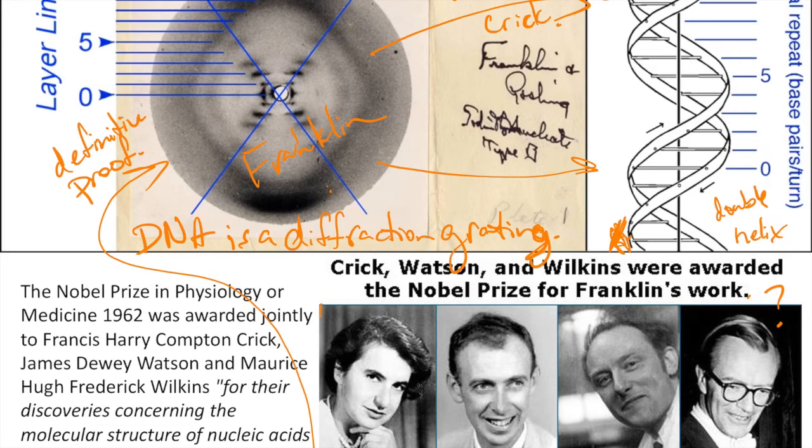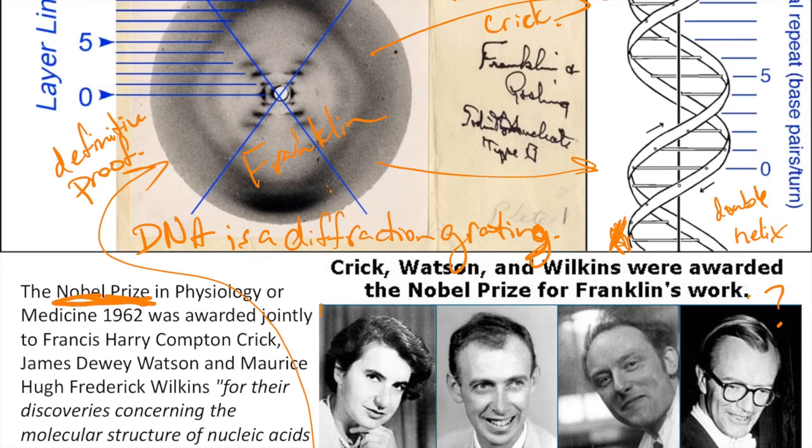But actually soon afterwards, Rosalind Franklin died of cancer, unfortunately at a very young age. I forget what the age was. But then afterwards, the scientific community went on to think that this was such groundbreaking work, it deserved a Nobel Prize.